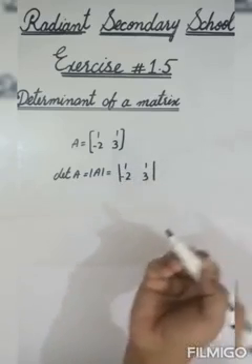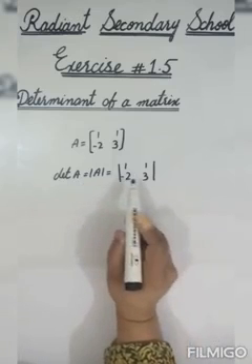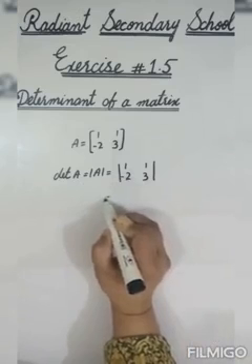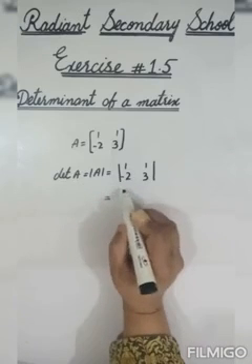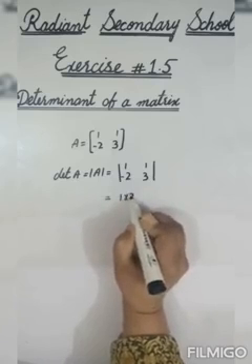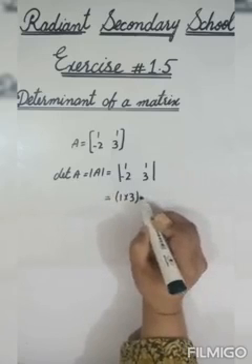Then you have to find the determinant of the matrix. For finding the determinant, first of all we multiply the diagonal entries, and these are 1 multiplied by 3. After this you put the sign of minus.